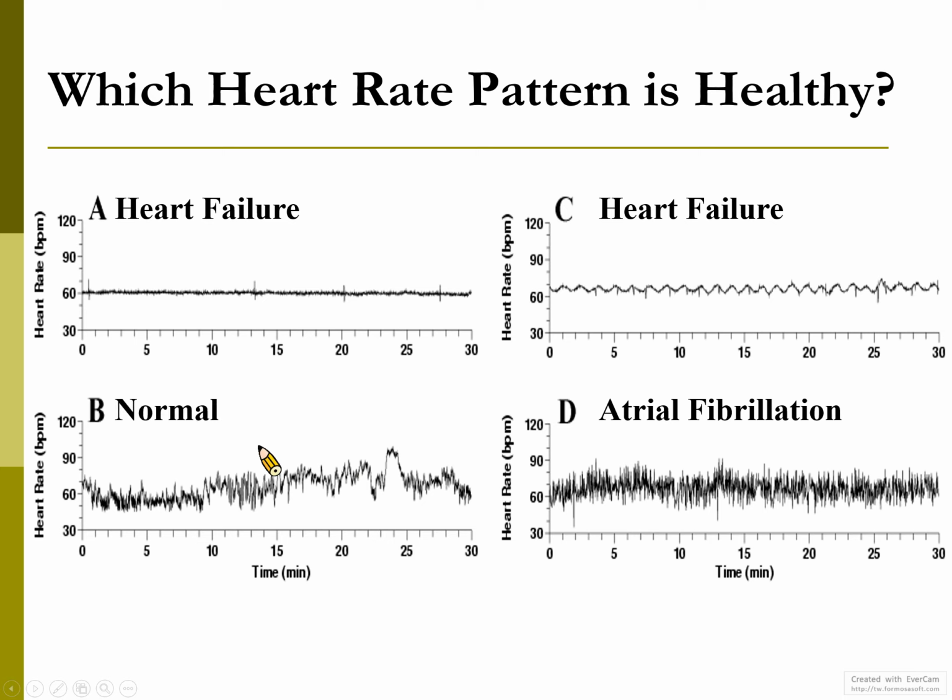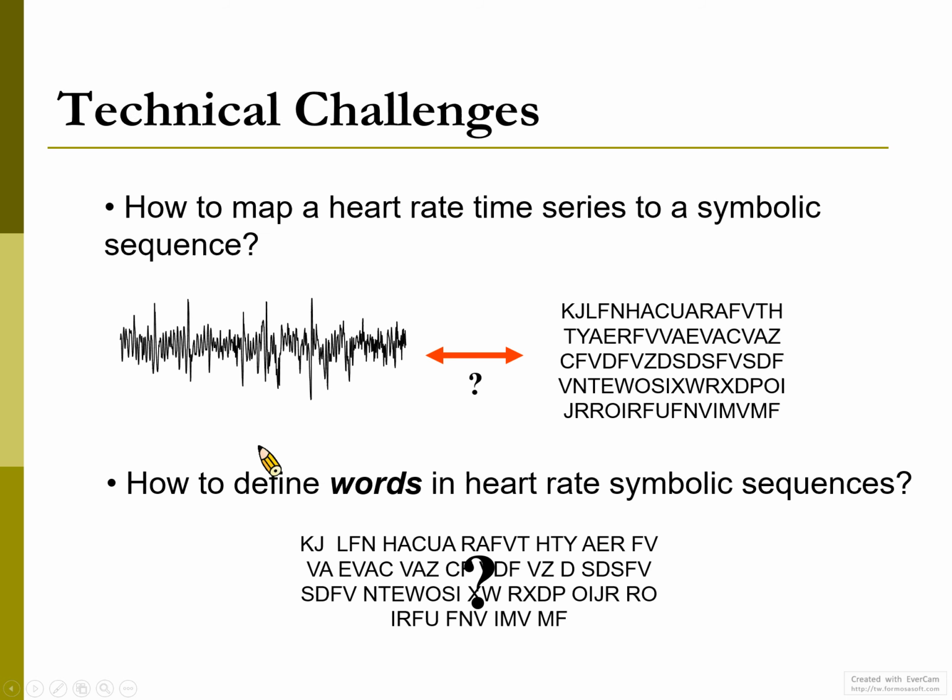So how about we use the same technique I illustrated in the literature to classify the heart rate into different clusters? To do this, we need to map a heart rate into a symbolic sequence.